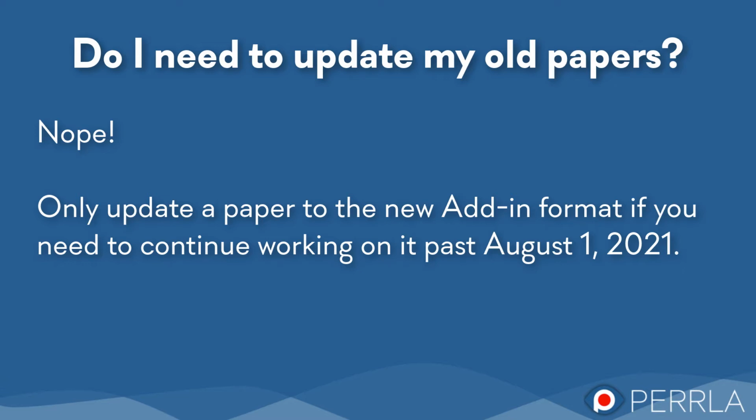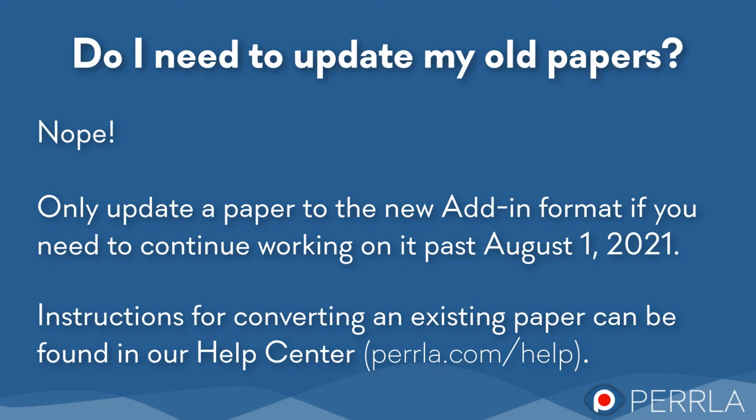You only need to convert one of your existing papers to the new add-in format if you're actively working on that paper and you're not going to be turning it in before August 1st, 2021. If you are working on a paper through August 2021, we're going to include some really helpful instructions in the description of this video on how you can convert that paper from the legacy PERRL for Word application to the new add-in format.